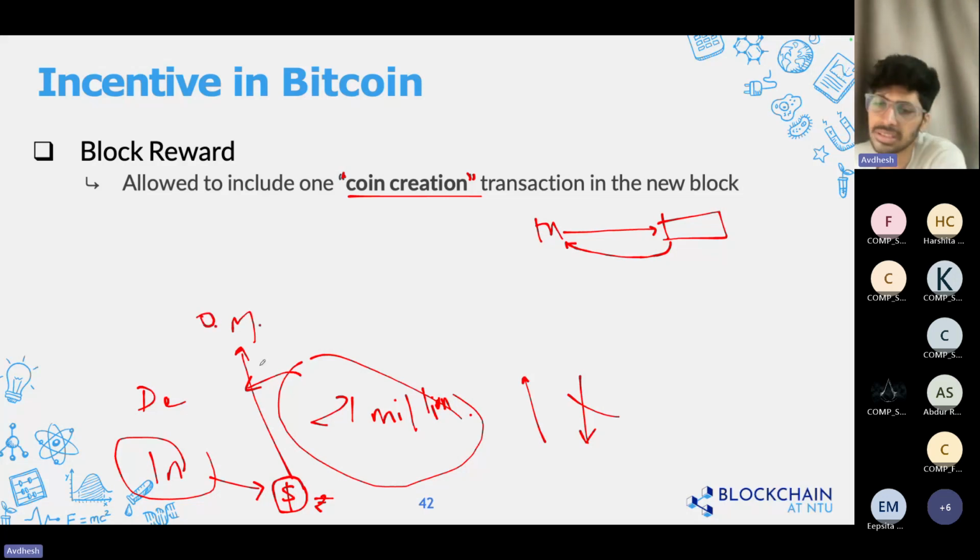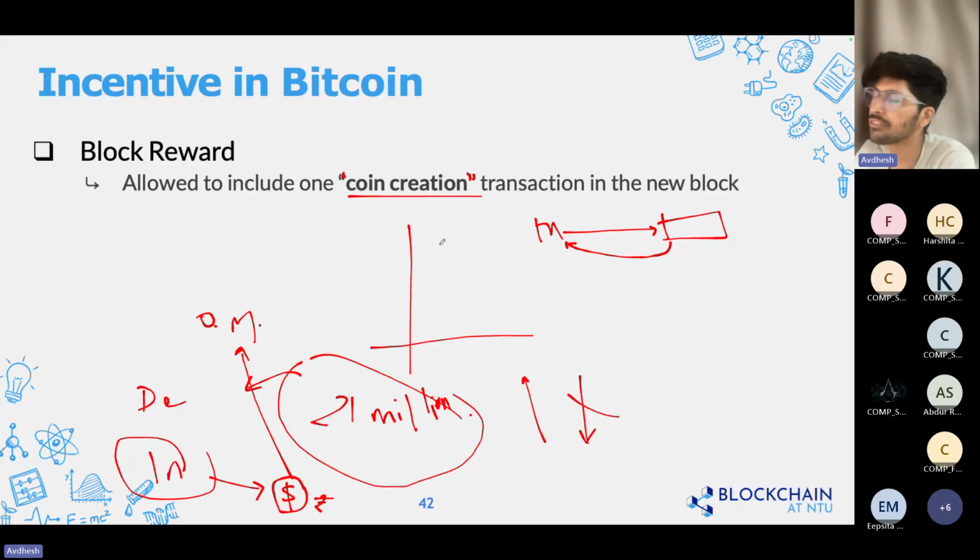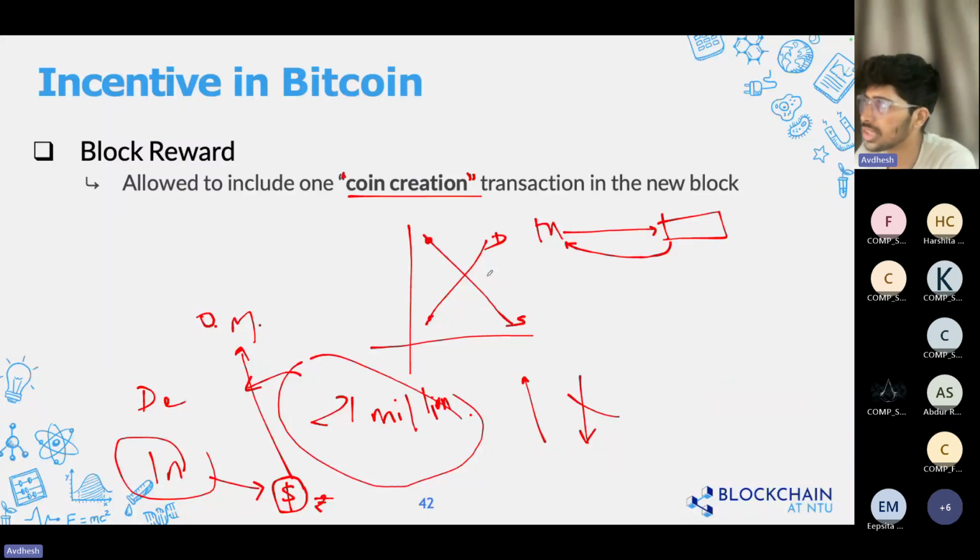This is a concept of economics, supply and demand. If you take up economics, you'll see a graph like this: this is supply and this is demand. If you increase the supply, the demand will be low, and if you increase the demand, the supply will be low. So you have to be at this equilibrium point every time.